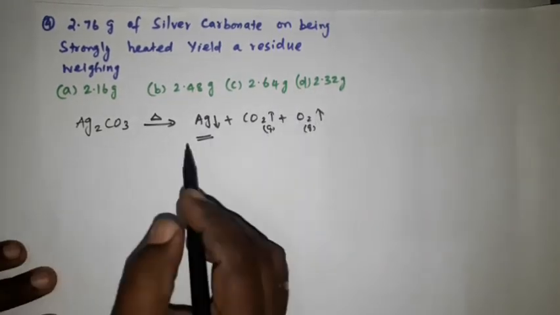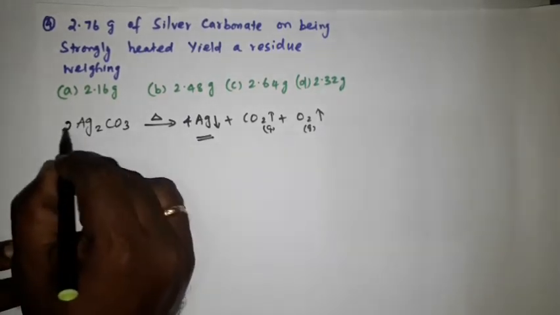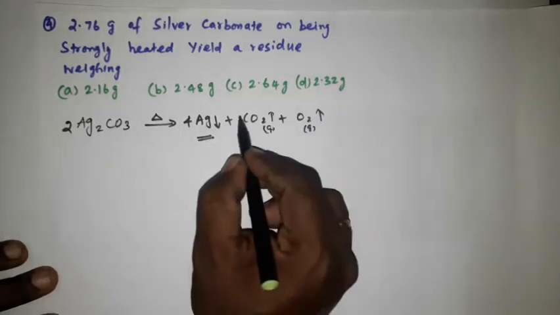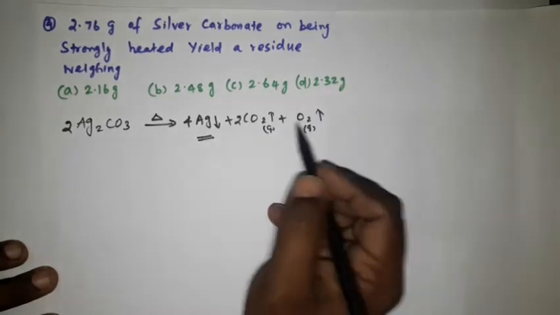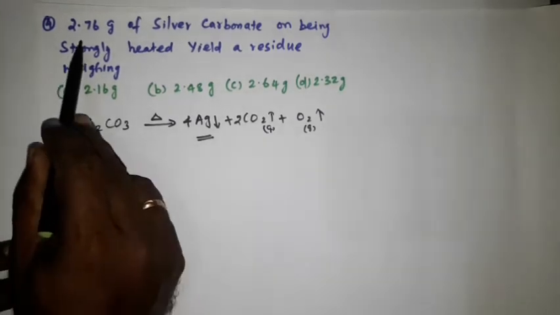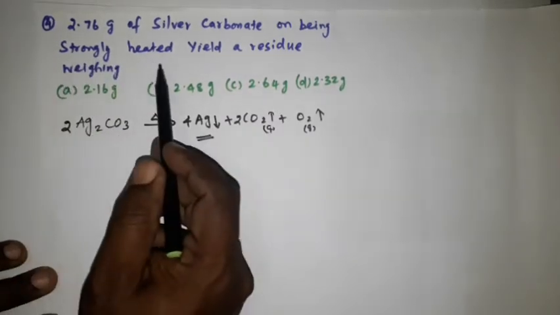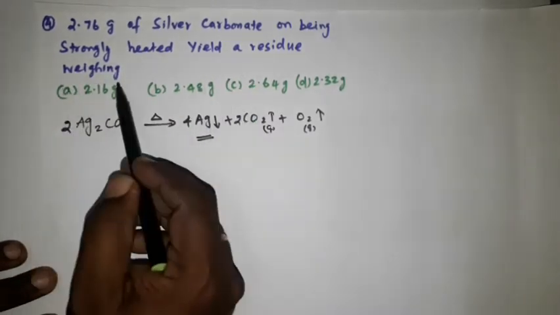Okay, so now balance the equation. Here put 4, put 2 here, then here 2. Hope now the equation is balanced. So the question is: 2.76 gram of silver carbonate on being strongly heated yields a residue weighing how much?